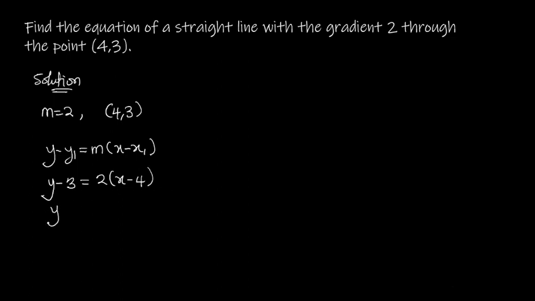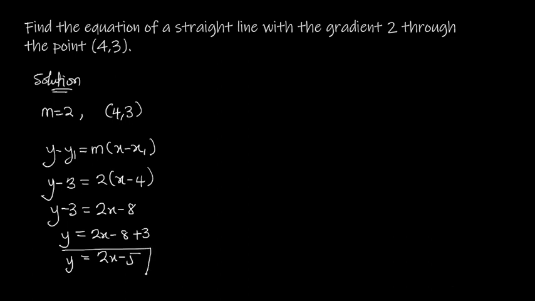Expanding this bracket, I have y minus 3 is equal to 2x minus 8. Then I send the -3 to the other side, it becomes plus 3. So my y is equal to 2x minus 8 plus 3, which will give me -5. So y is equal to 2x minus 5, and this becomes my equation of that particular straight line.